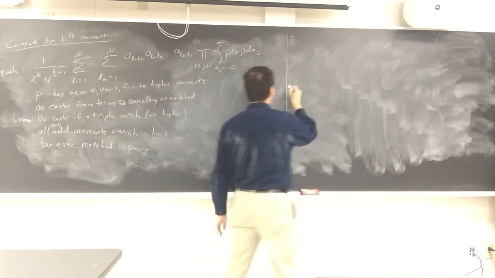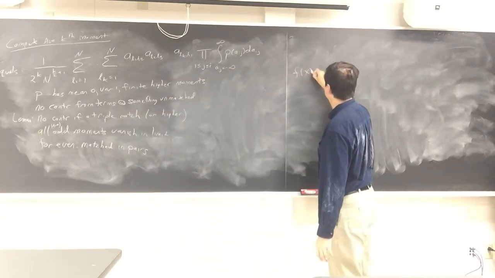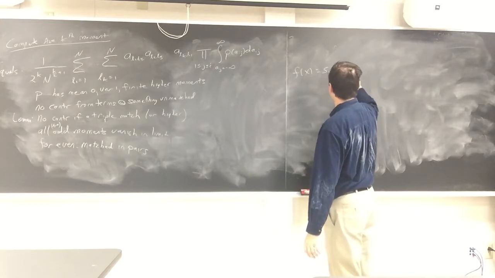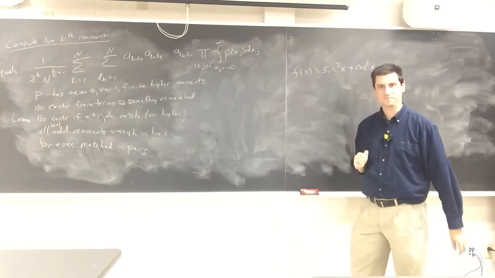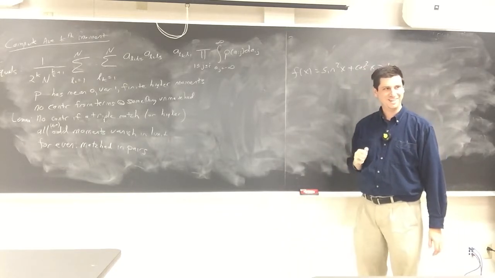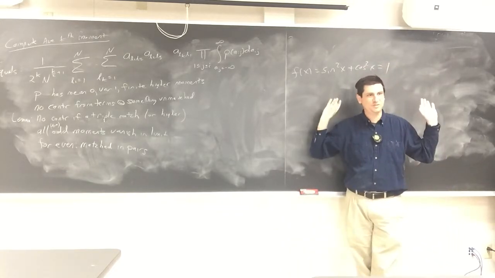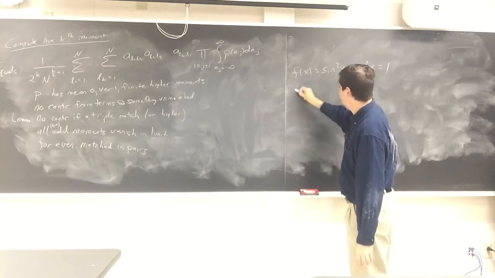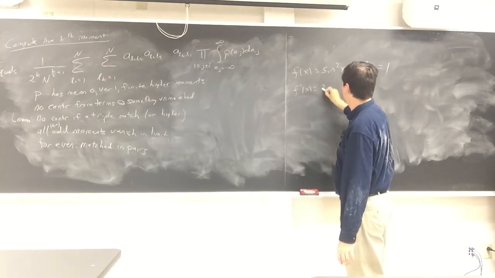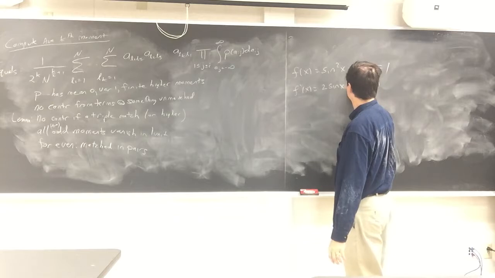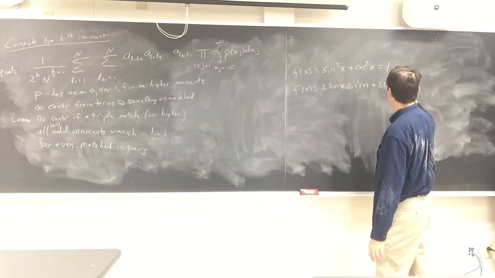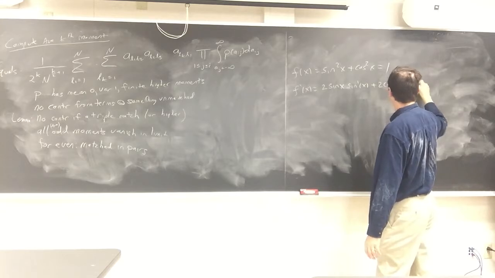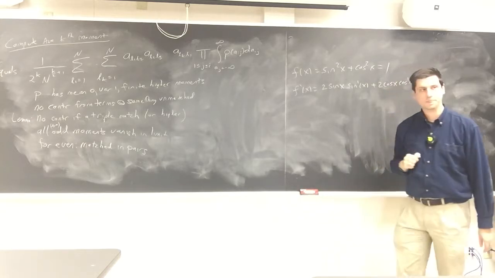So here's a quick one. Let's look at f of x equals sine squared x plus cosine squared x, also known as 1. Let's assume sine and cosine are differentiable functions. f prime of x is 2 sine x sine prime of x plus 2 cosine x cosine prime of x, which equals 0.